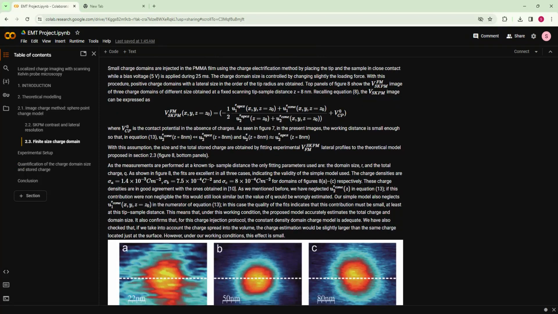So here U2'' is nearly equal to U2'' apex. With this assumption, the size and the total stored charge are obtained by fitting experimental VSKPM FM lateral profiles to the theoretical model proposed in section 2.3, which is the finite size charge domain.